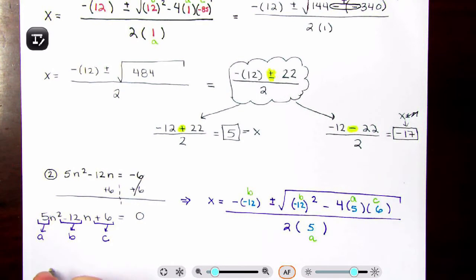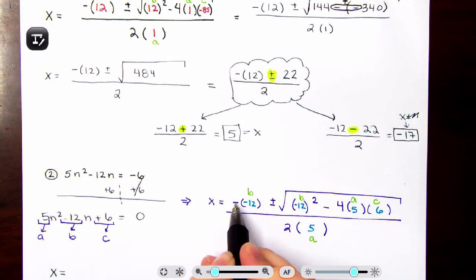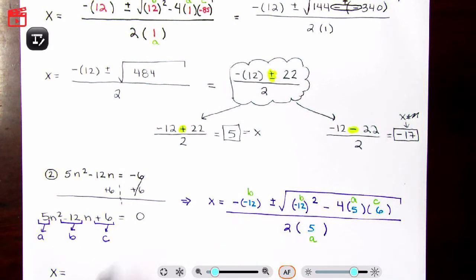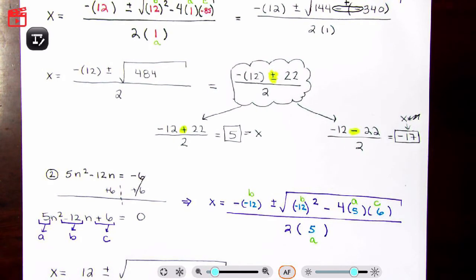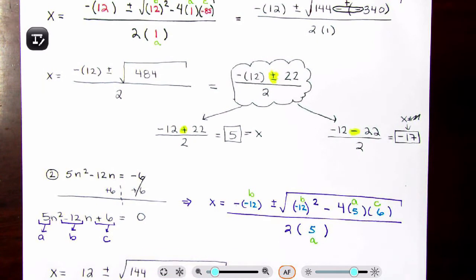Okay, let's go ahead and start simplifying. Negative times a negative. Two negatives make a positive, so now I have 12 plus or minus. Inside the square root, I have negative 12. Make sure negative 12 is in parentheses in your calculator, because if it is not, it will give you the wrong answer.